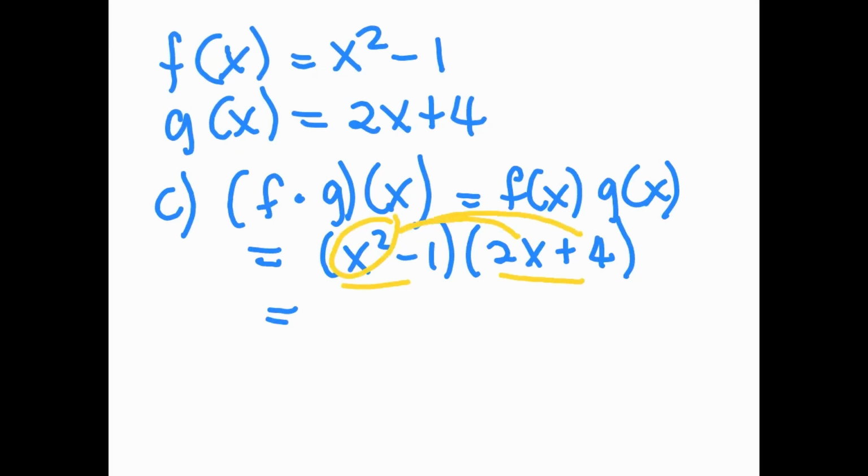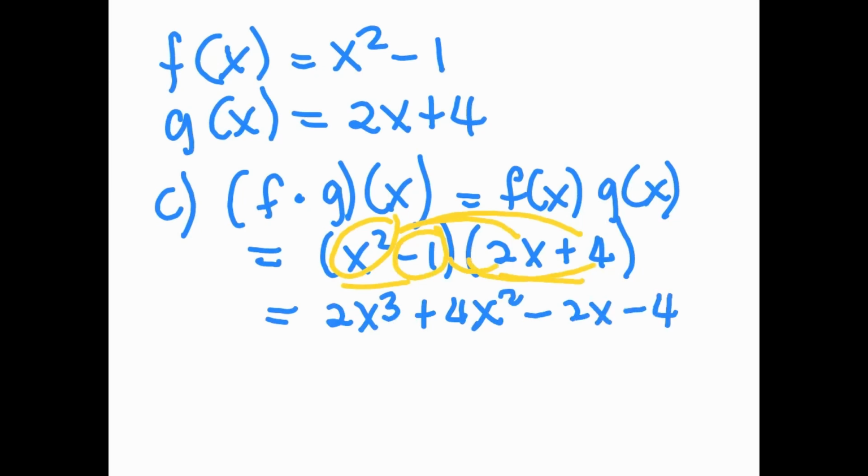So this will become x squared times 2x is 2x cubed, and x squared times positive 4 is 4x squared. Then also we'll get the second term, negative 1, and multiply by each of the terms of the second one to get minus 2x minus 4.